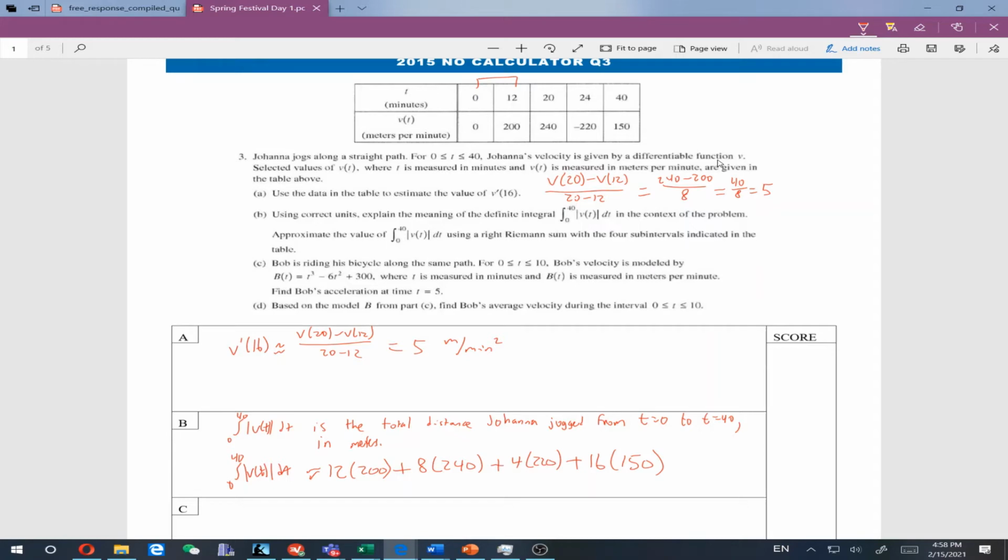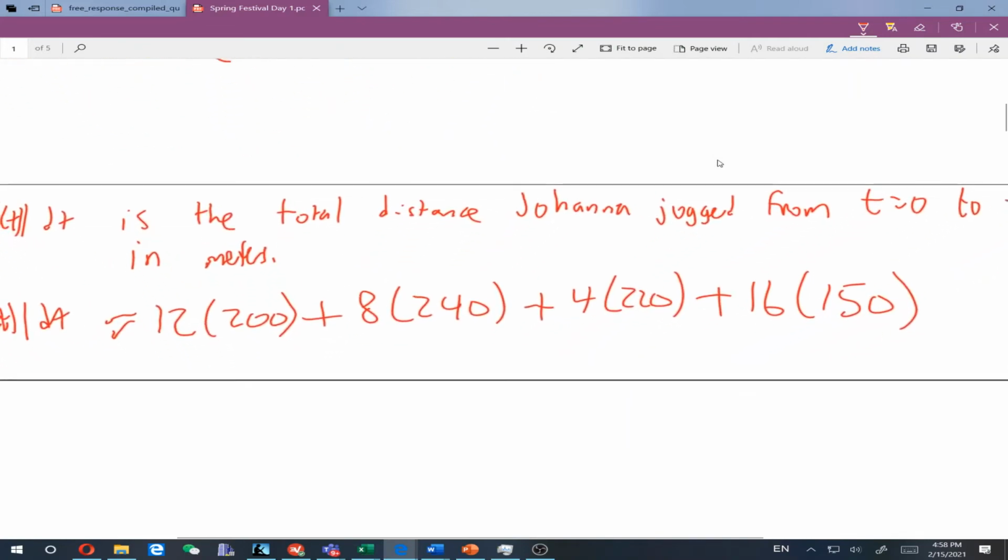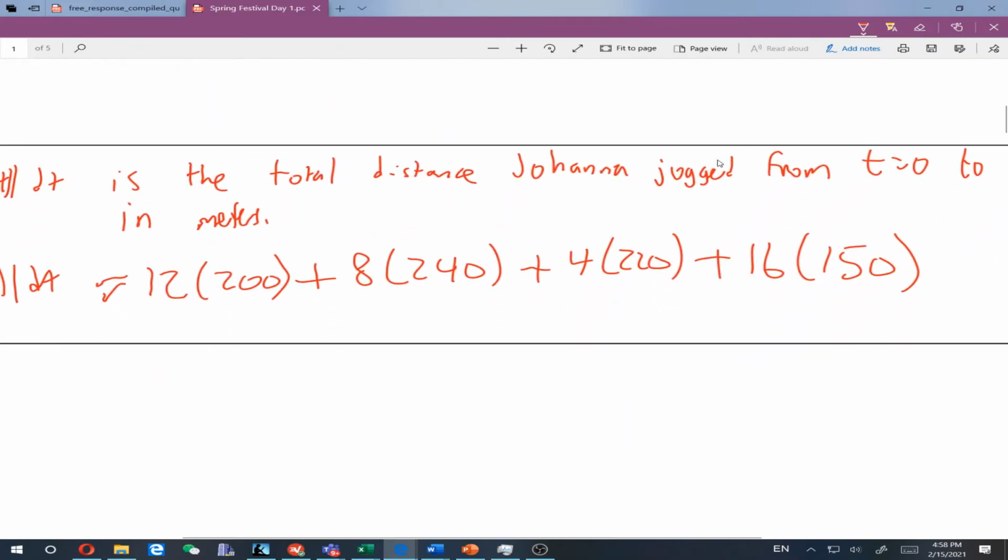So I'm going to jump over to Andrew, I think, while I try to do this together. This is no calculator, so you've got to multiply this out. So what is 12 times 200 first? Okay, I've got 2400 plus... Okay, I've got 1920.